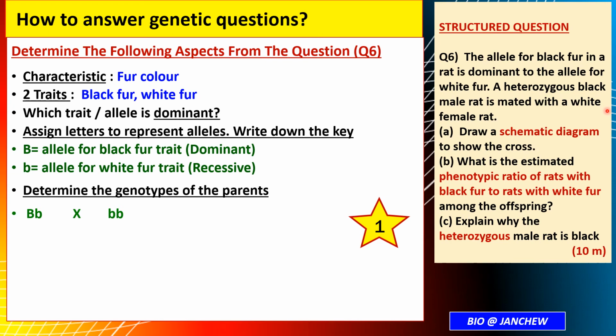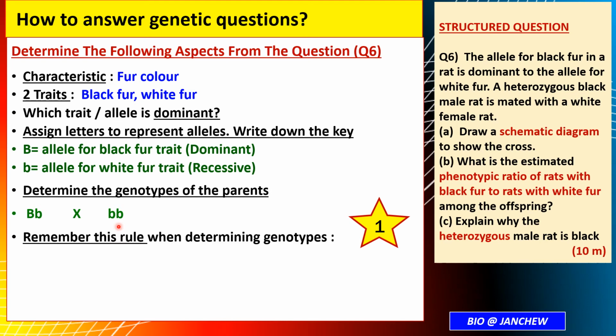And then for the female rat, it is white in color. So white, is it a dominant trait or a recessive trait? White fur is a recessive trait, right? So if the white rat is able to express the recessive trait, it must be homozygous recessive, having two recessive alleles, that is small b, small b. So the female rat which has a recessive trait has only one possible genotype, which is homozygous recessive, small b, small b.